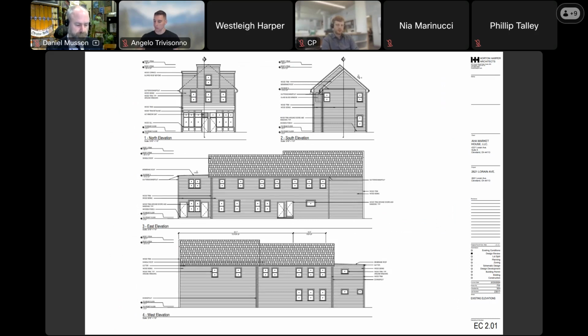So here we have the existing elevations of the project. At the top left, you see the north elevation, the profile of the false front, and then the gable behind it. We have obviously an extensive storefront here that would be renovated to essentially match the existing design.